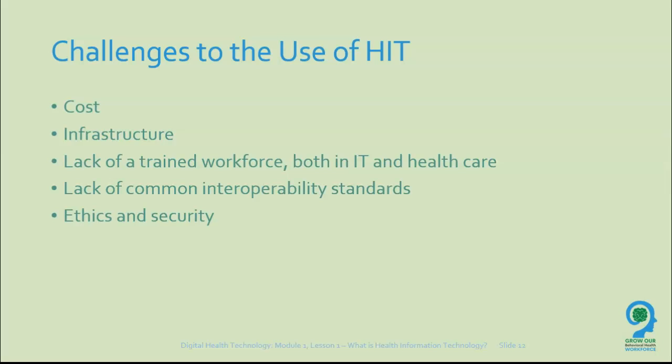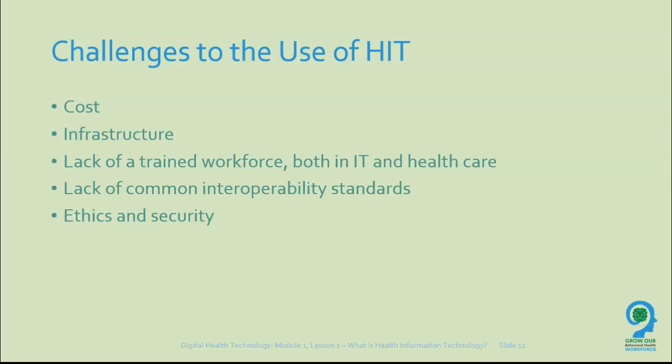Lack of common interoperability standards. There's that word interoperability again. With lots of different companies developing different health information technologies to collect patient data, for instance, different EMRs, there was no standard for how do you refer to a patient with type 2 diabetes. There wasn't any kind of standard diagnostic codes, or what age groups do you break into, or how do you classify a patient's ethnicity.